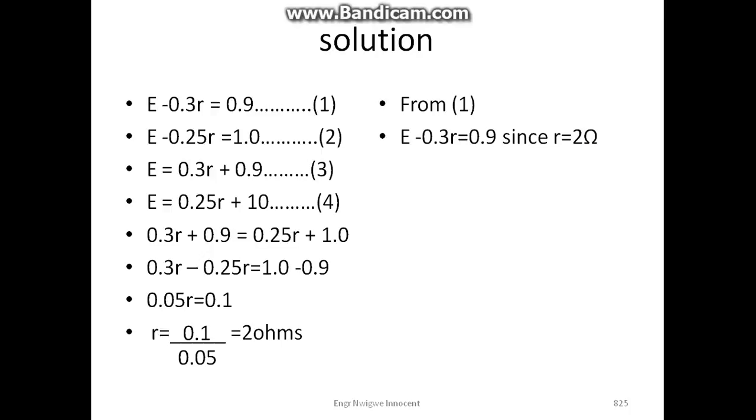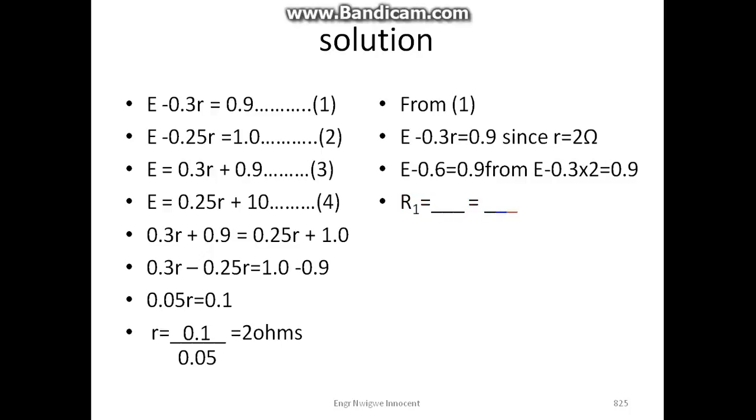From our equation 1, capital E, the electromotive force, minus 0.3r equals 0.9. Since we have gotten r to be 2 ohms, we now substitute the value to have capital E minus 0.3 times 2 equals 0.9, that is capital E minus 0.6 equals 0.9.